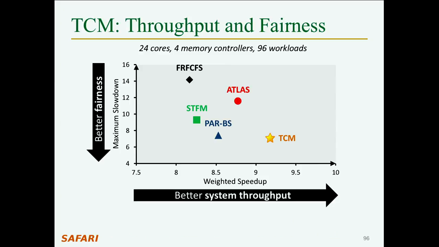For first ready, first come, first serve, if you remember, there's one knob you could have. You could have a limit on how much reordering you can do, so you could limit the damage of row buffer locality. This was actually used in one of AMD's memory controllers.